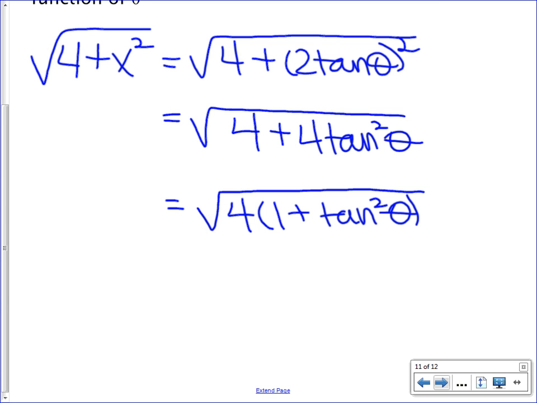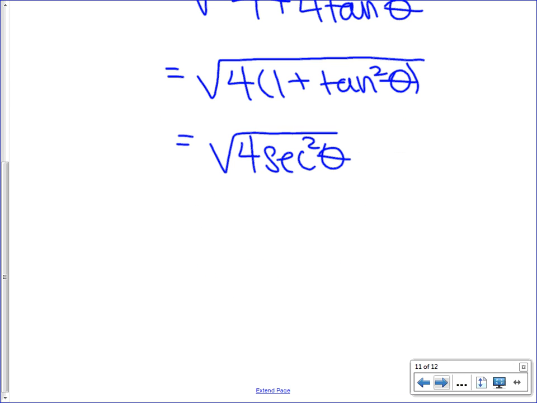Anytime you see a 1 added or subtracted to a function squared, you may want to look back at which identities? Pythagorean: 1 plus tangent squared is a Pythagorean identity. What does it equal? Secant squared. Well, that worked out nicely because the square root of 4 is 2, and the square root of secant squared is secant.